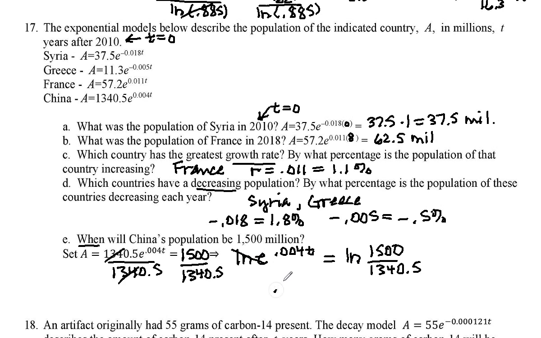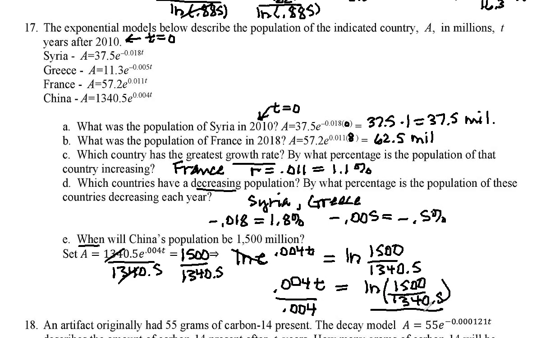So we get 0.004t is equal to this log, and probably want to put that in parentheses. And then we divide off the 0.004 on both sides. And that gives us our t. So these cancel, and t is now all by itself.